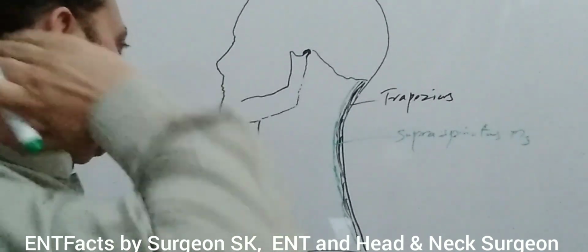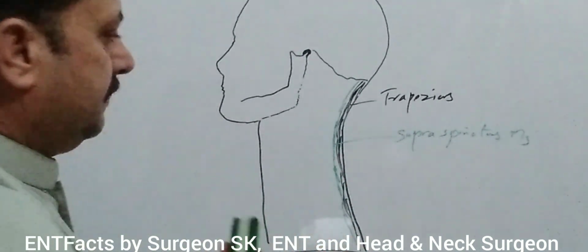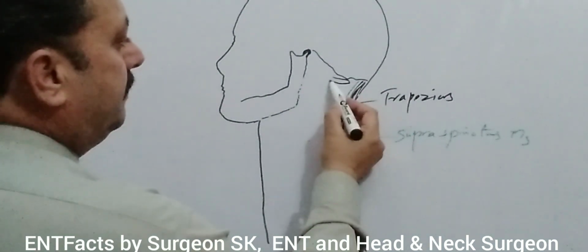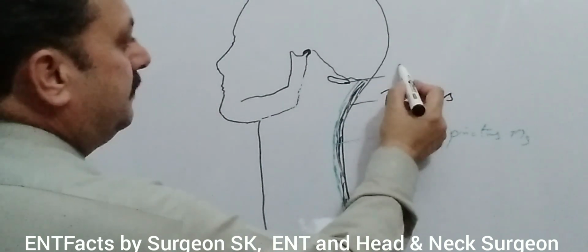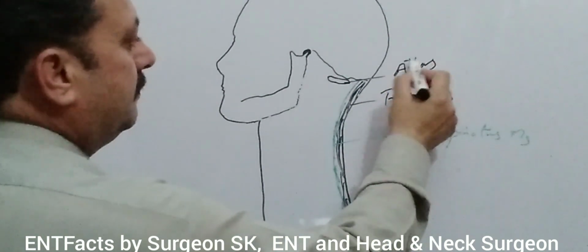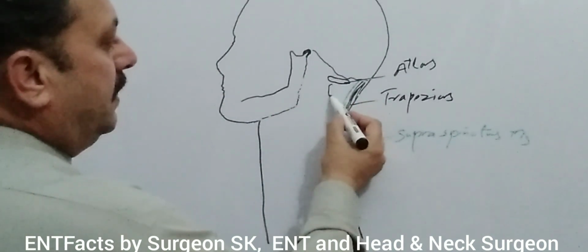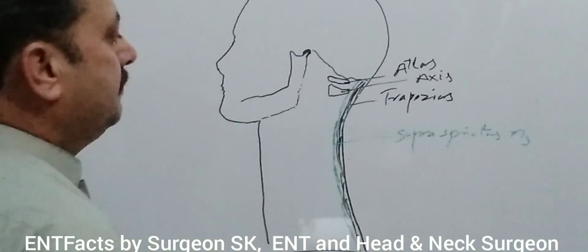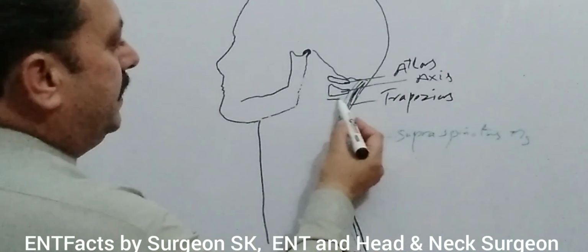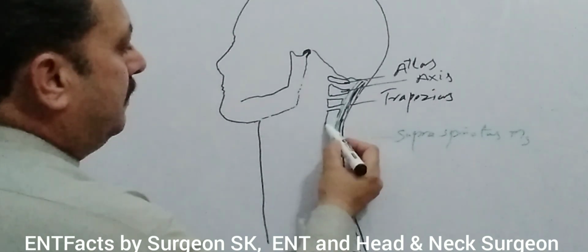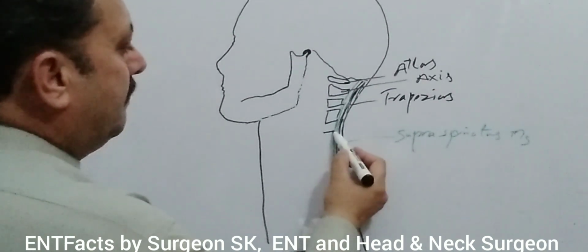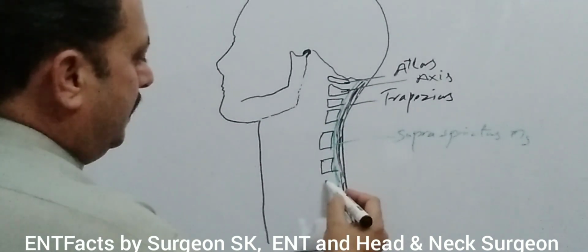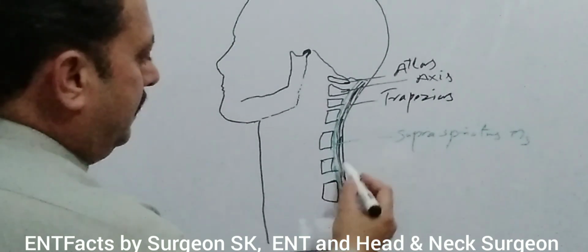Deep to these muscles from the back, there is the vertebral column. Here is the first vertebra, atlas. After that, the second vertebra, axis, and the remaining vertebrae, third, fourth, fifth, sixth, seventh.